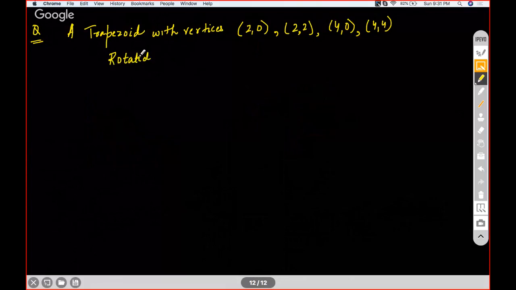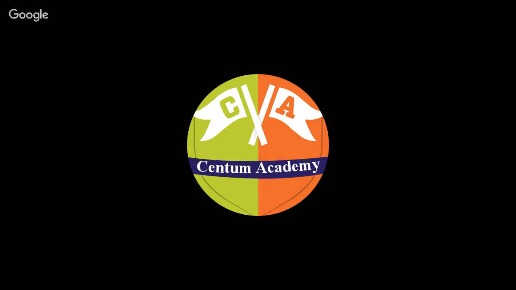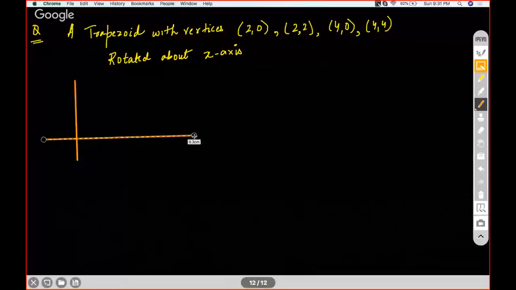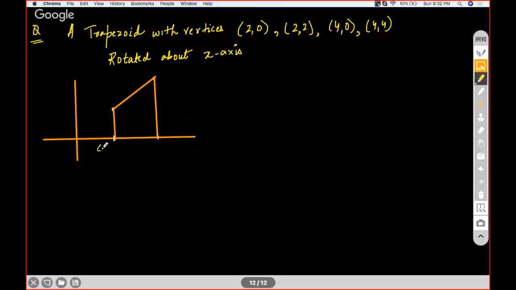What's the volume of revolution generated? It's basically a trapezium. This guy is rotated about x-axis.